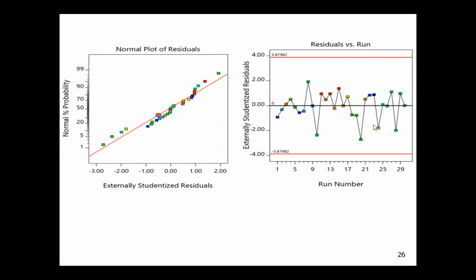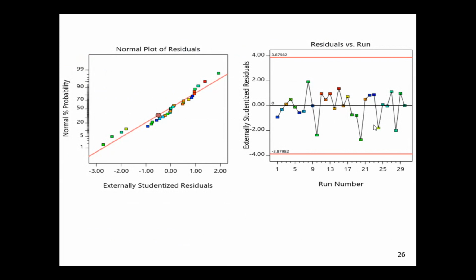So these are some of the examples. The first one is the normal plot of residuals. This normal plot of residuals is normally distributed so that a straight line fit is possible. The second one is the residual versus run plot.